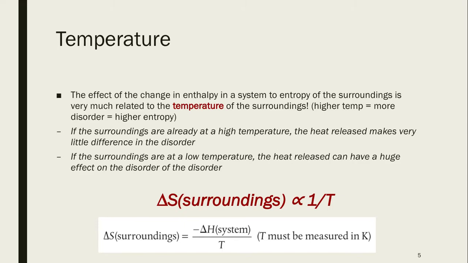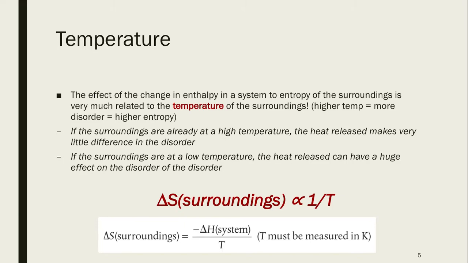Well, if the surroundings are already at a high temperature, the heat released makes very little difference in the disorder, right? It's already high, so a little bit of heat is not going to make much difference. But if the surroundings are at a low temperature, the heat release can have a huge effect on the disorder, on the difference of the disorder.